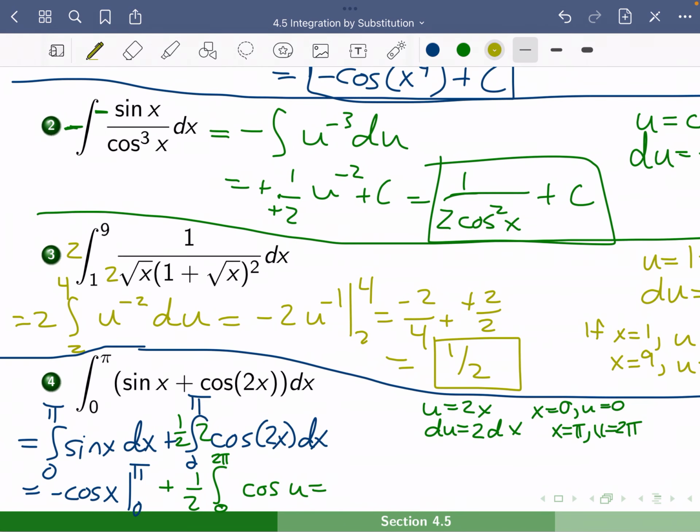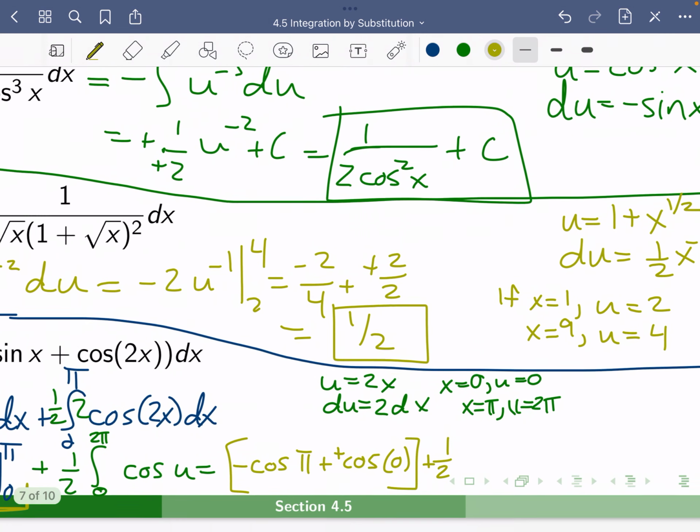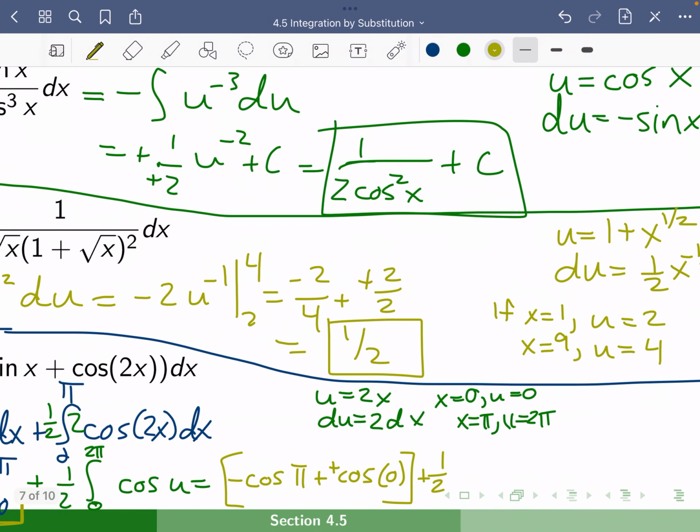So on the first piece, we have a negative cosine of pi minus a negative cosine of 0. Plus 1/2, and cosine will integrate to sine. And that sine u we are going to evaluate from 0 to 2 pi.